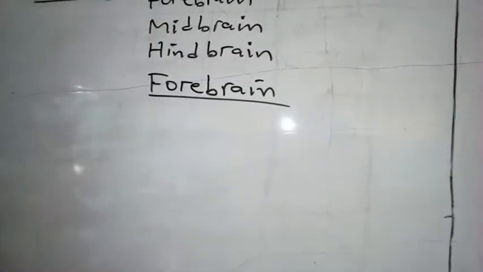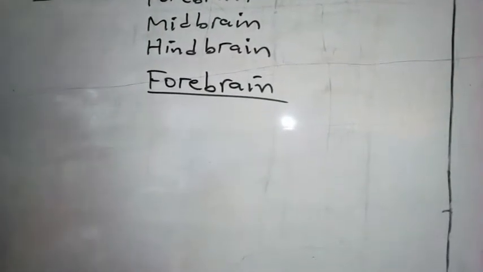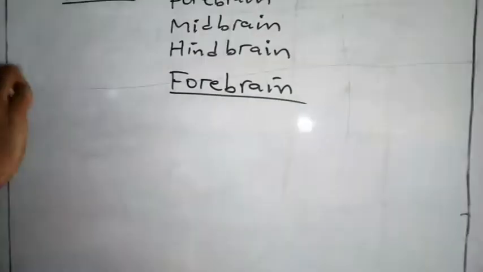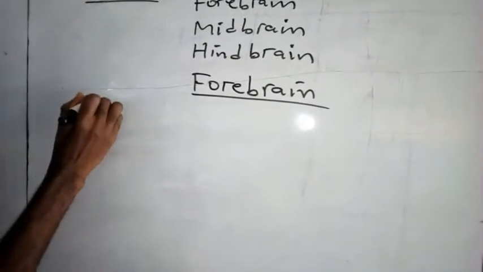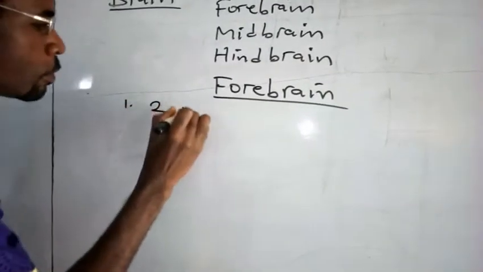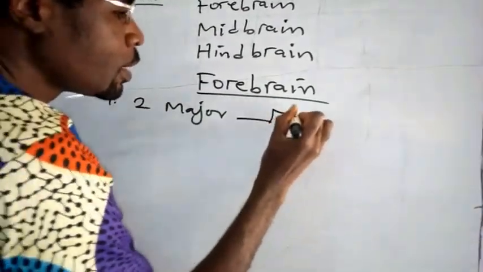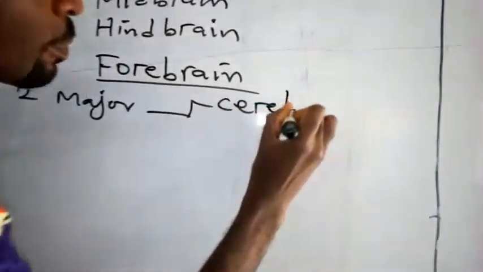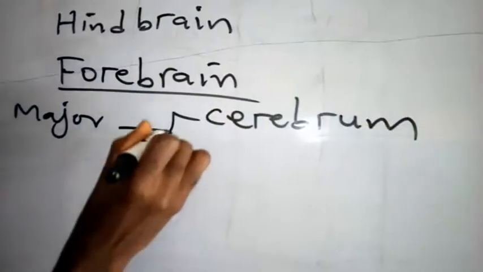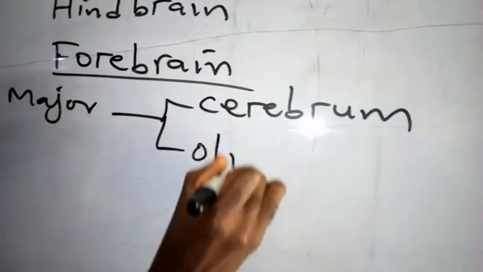The forebrain is divided into two major parts. The two major parts include the cerebrum and the olfactory lobe.